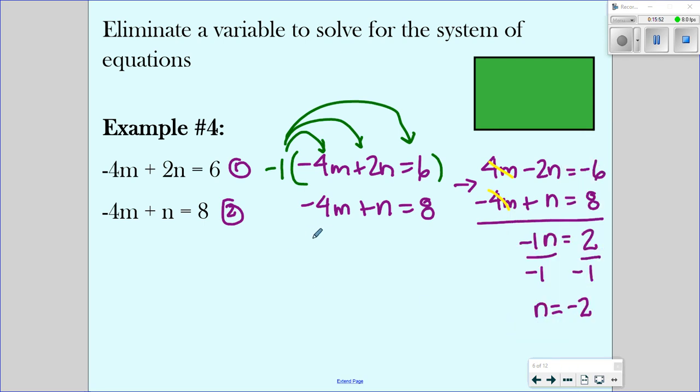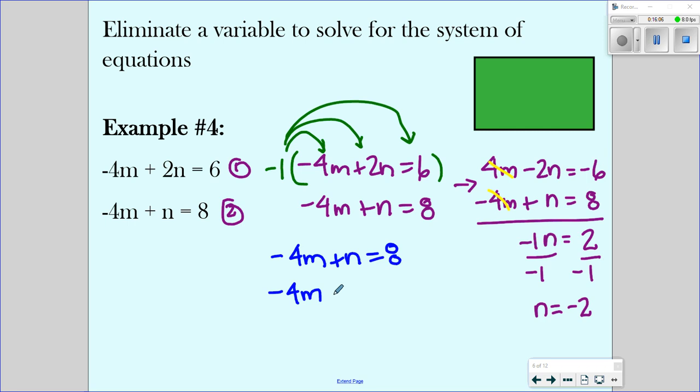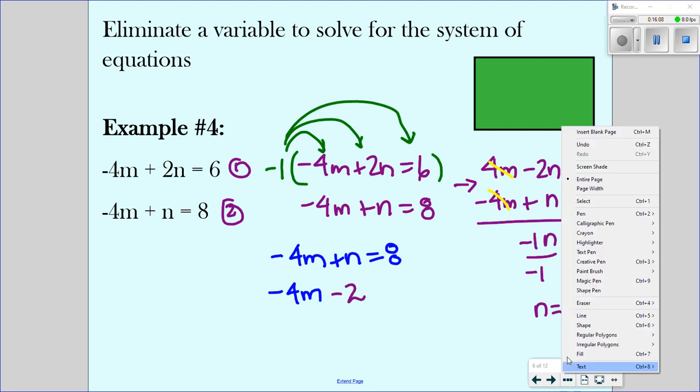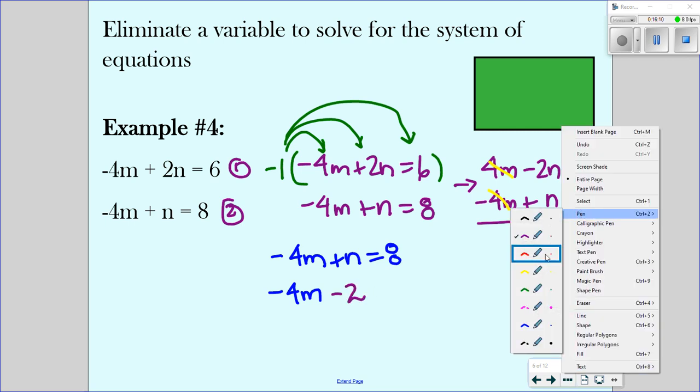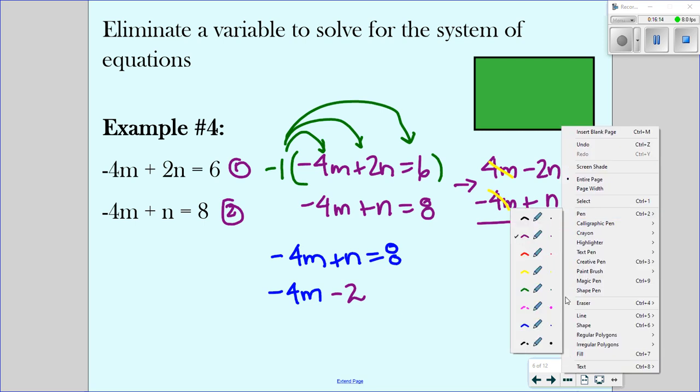All right, so I'm going to choose the second equation. I'm going to rewrite it exactly as it is. And then I'm going to substitute n with negative 2. And then I'm going to solve for m. Oops, let me go back to the blue color.